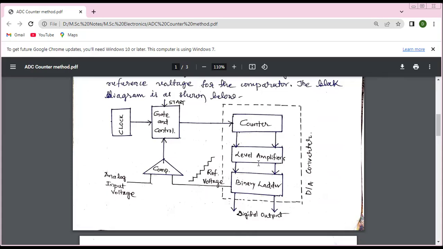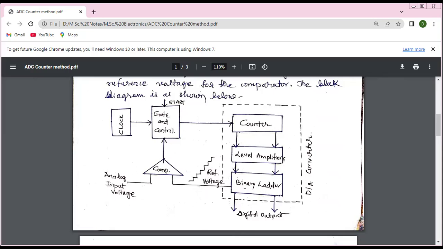That will be corrected by this amplifier. They are called the level amplifiers. And this is the binary ladder circuit. It's a resistive ladder circuit that converts the digital to analog voltage.